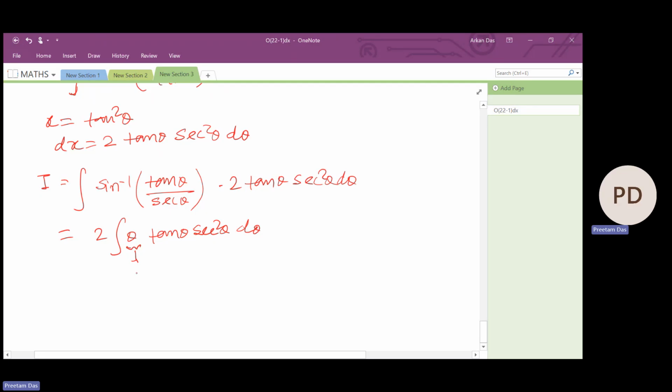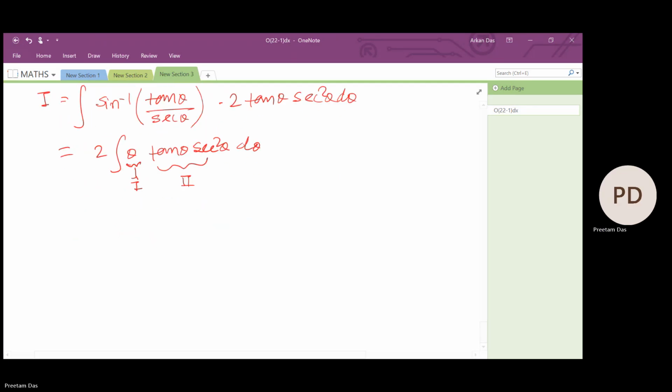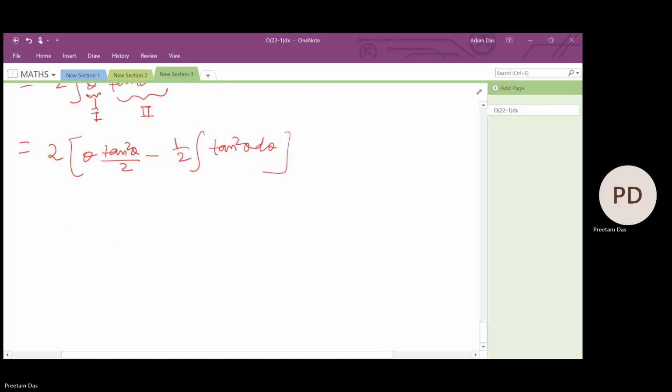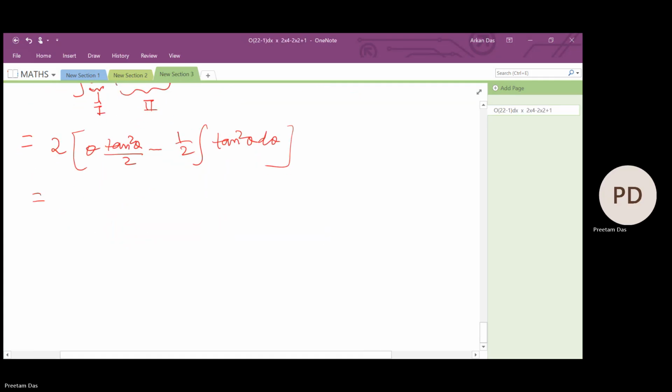Let us consider this as first and this as second. So 2 theta tan square theta over 2. Now just simplify this, it will become theta tan square theta.